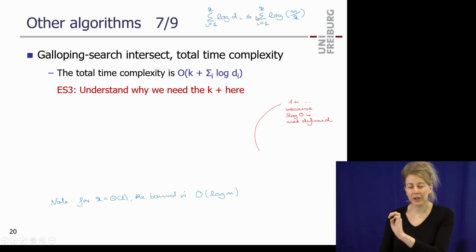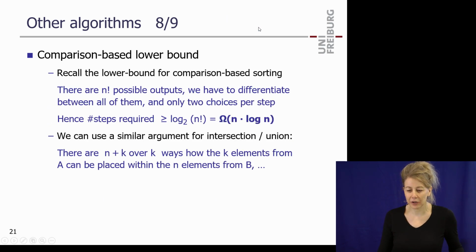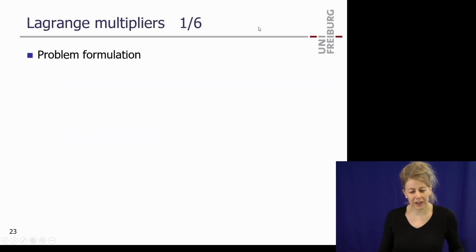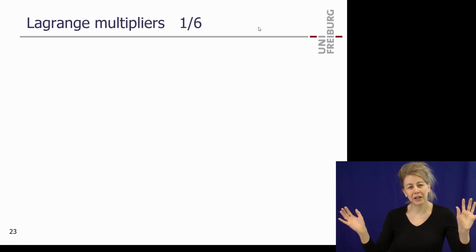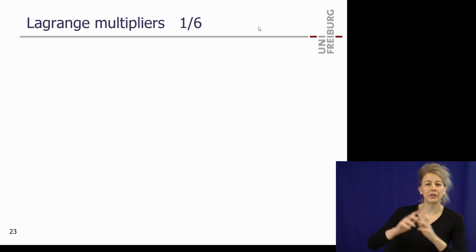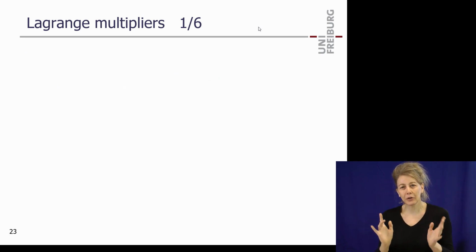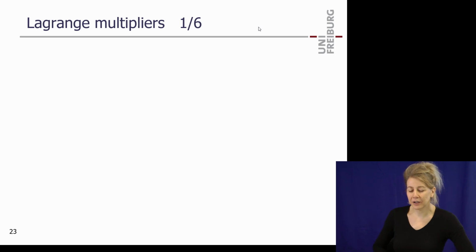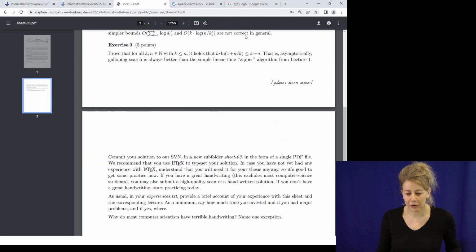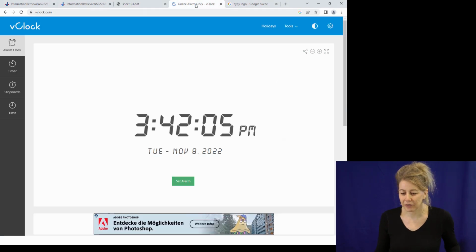To prove something like this, you need a technique called Lagrange Multipliers. Who knows Lagrange Multipliers? Have you seen them somewhere else? A few people have seen them. It's a very important technique. We will use it again in another lecture, which is why I will explain it to you today by an example. We will do that in the last part after another 5-minute break. So see you again in 5 minutes, fresh for a final proof.